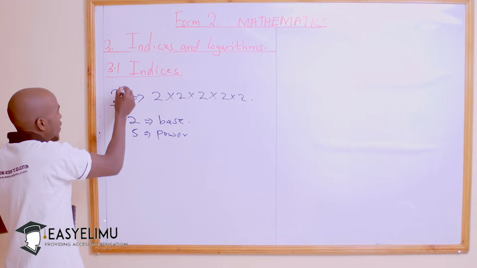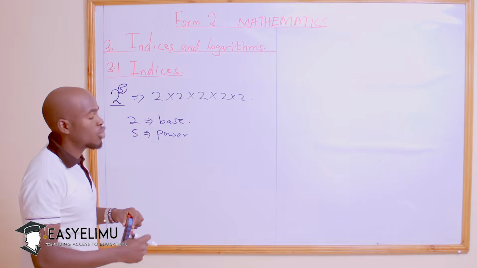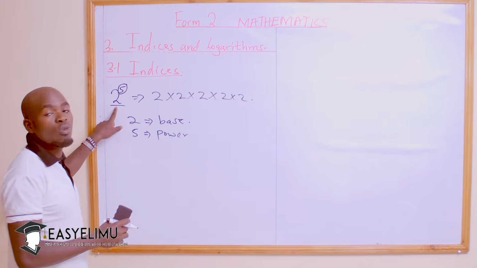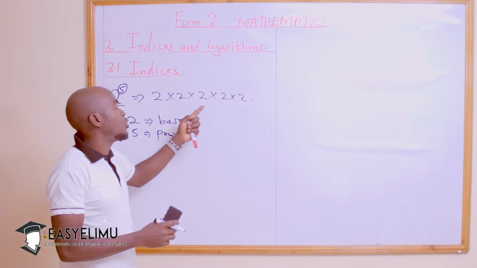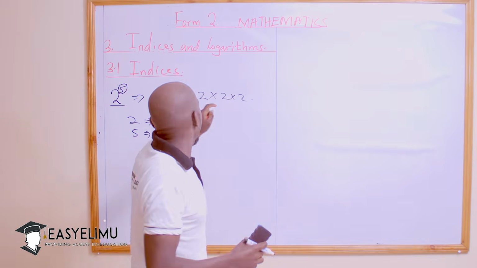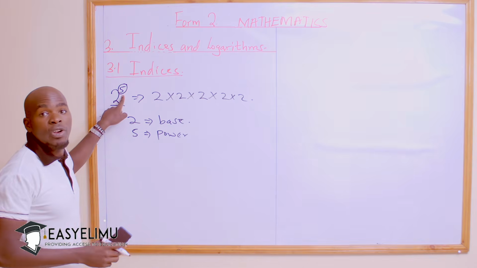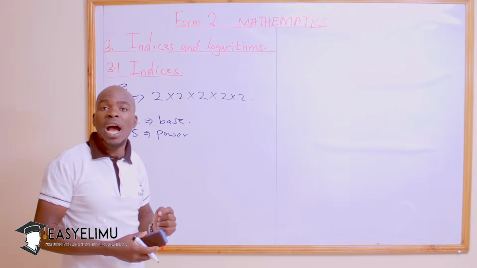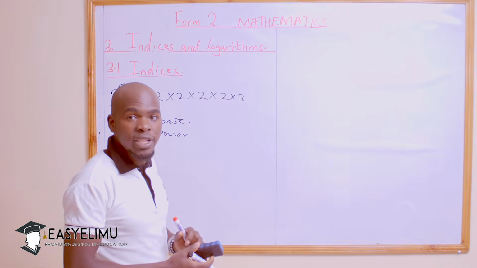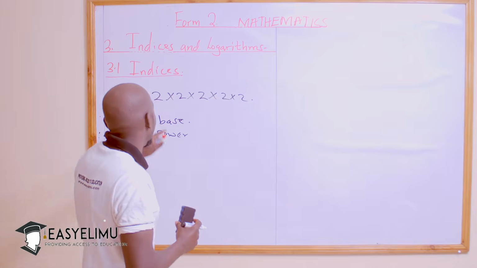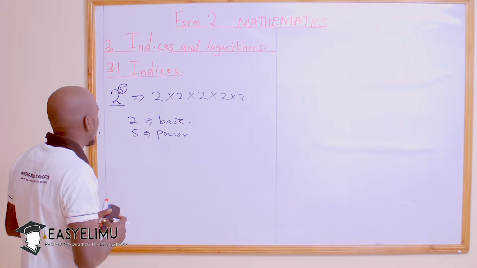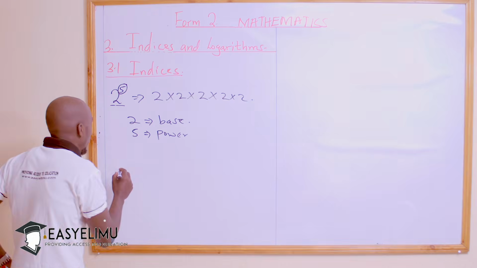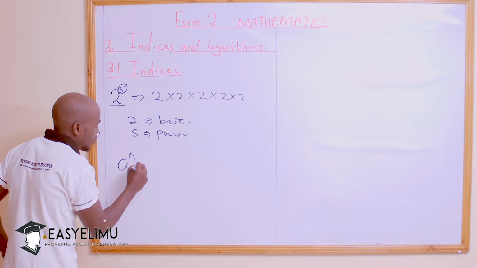Now this 5 here we have said is the power to which 2 is raised, to mean that this 2 has to be multiplied by itself up to 5 times. The number to which the base is raised is referred to as the index, which in plural is indices. Now we shall consider the general form, in case we have a raised to n.